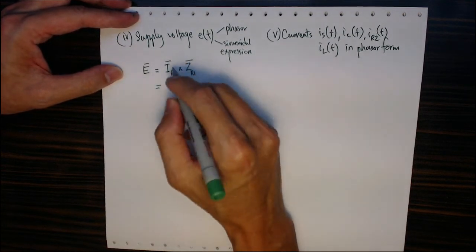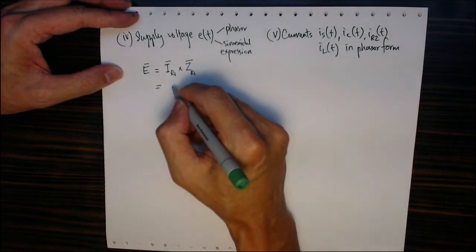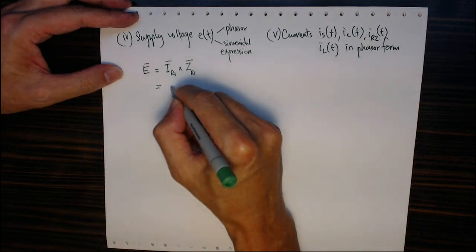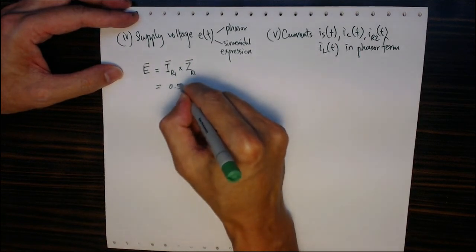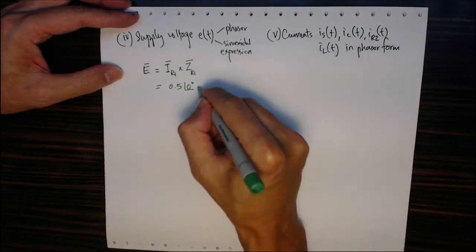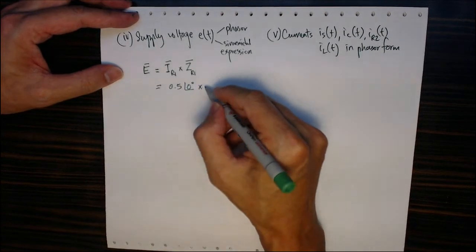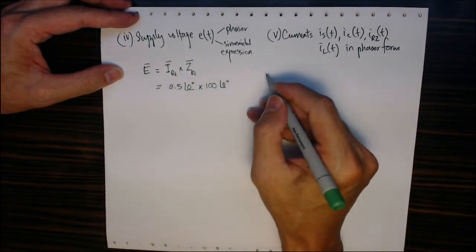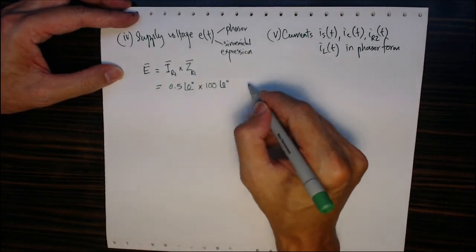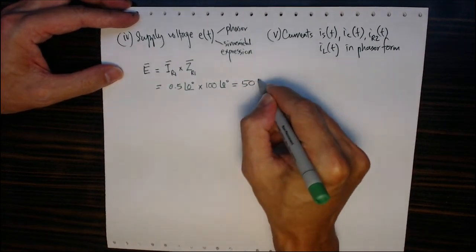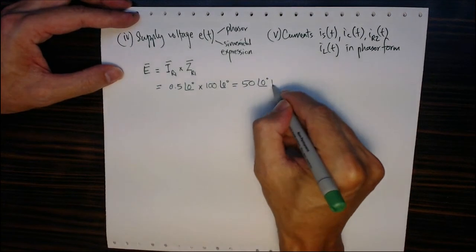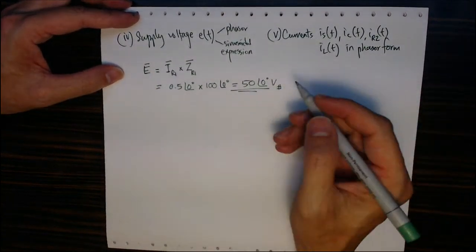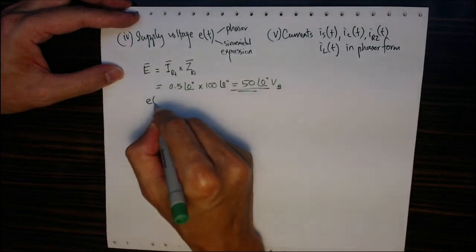We will have 0.5 angle 0 degrees multiplied by 100 angle 0 degrees as well. So that gives us 50 angle of 0 degrees volt.